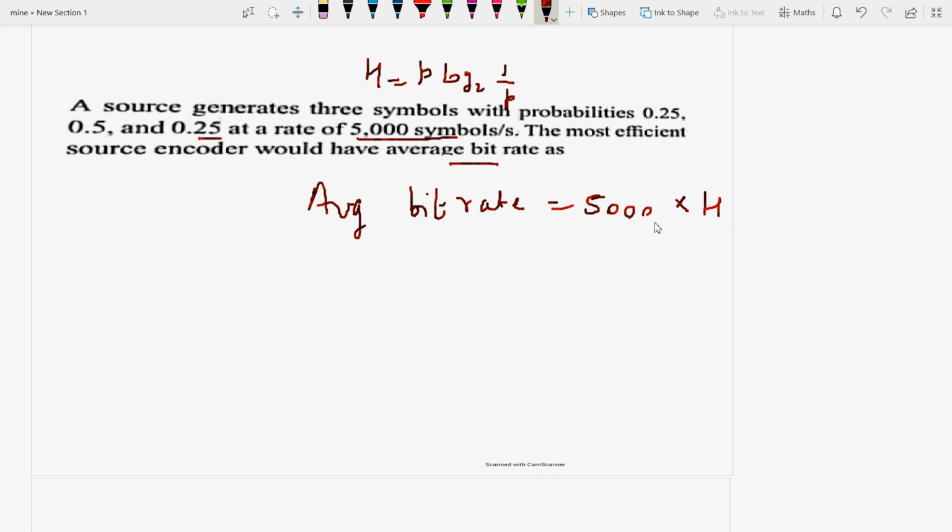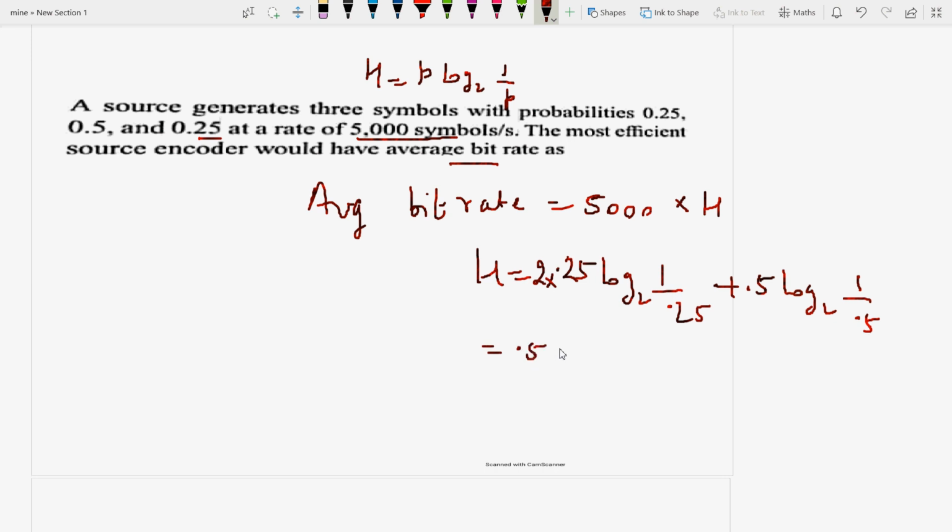When you calculate H, it will be 0.25 log base 2 of 1 upon 0.25, and as 0.25 is repeating, I can write it as 2 into 0.25, plus 0.5 log base 2 of 1 upon 0.5. So it is log base 2 of 2 square, plus 0.5 log base 2 of 2.